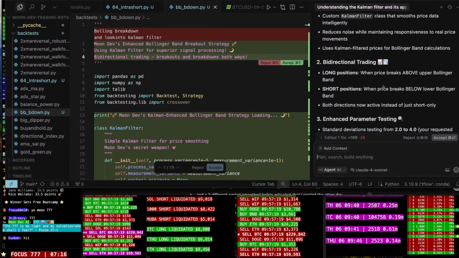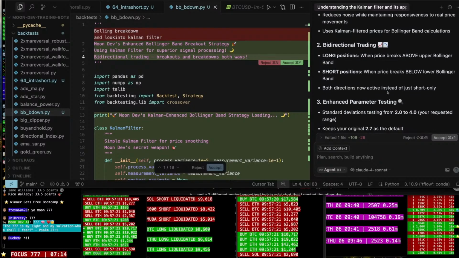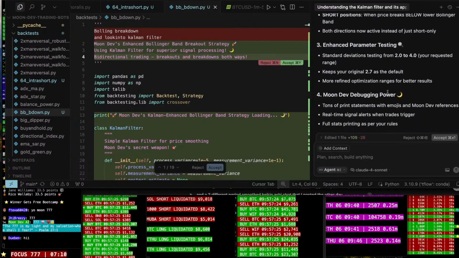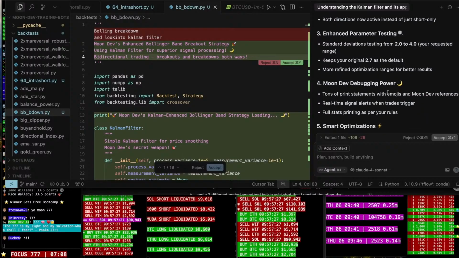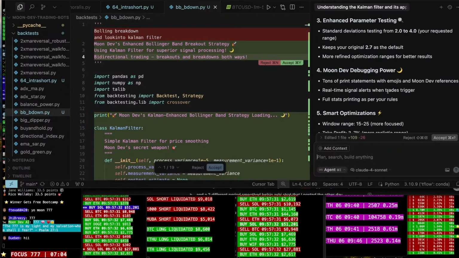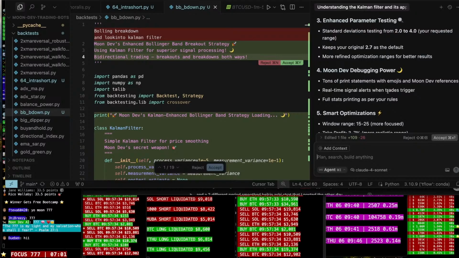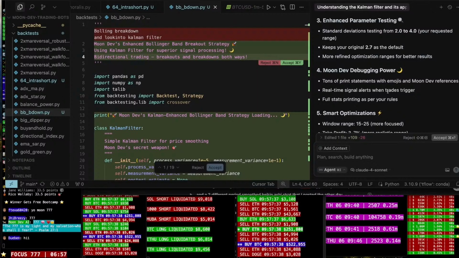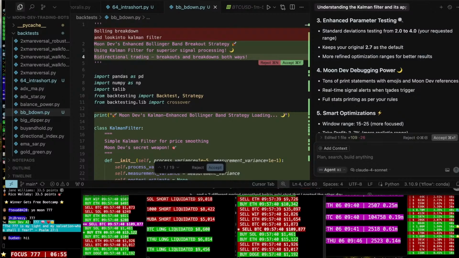Both directions now active instead of just short only. Enhanced parameter testing: standard deviations testing 2 to 4, your requested range. Keeps your default at 2.7. More refined optimization ranges for better results. And we got some debugging here. Good. We need debugging.